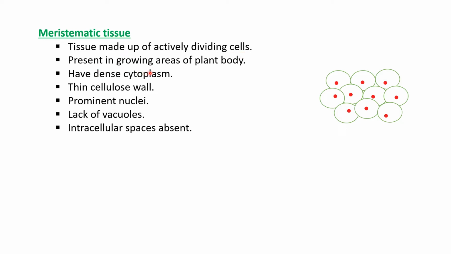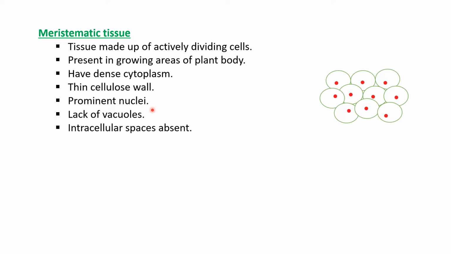Present in growing areas of a plant, as these are the growing tissues, so they are present in the growing area of a plant body. Have dense cytoplasm. In these meristematic tissues, the cells have dense cytoplasm, thin cellulose wall, prominent nuclei. As we already knew, for cell division, the nucleus plays one important role.